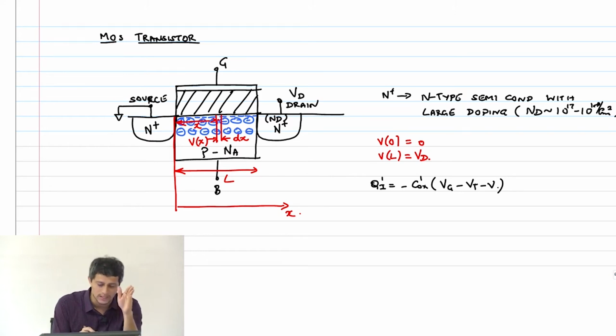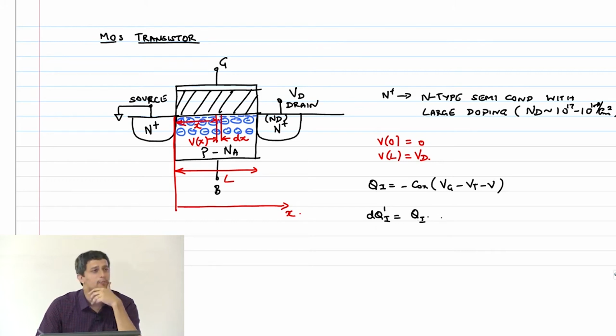Because what's happening is at the source, whatever Vg minus Vt you apply, you will get that much of inversion charge. But as you go, that potential is going up in the channel also. So therefore, you will have Vgs minus Vt minus V. Therefore, if you look at the elemental charge dq, let me call it Qi actually, because I want the charge per unit area. Therefore, dQ prime is just Qi prime into the area element.